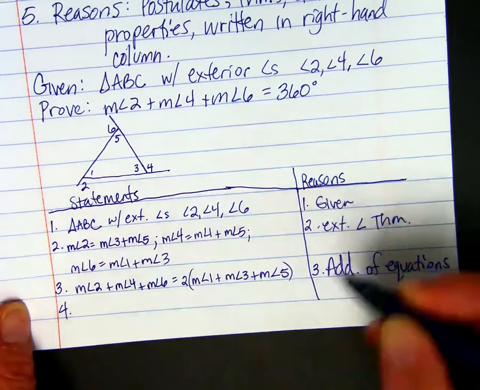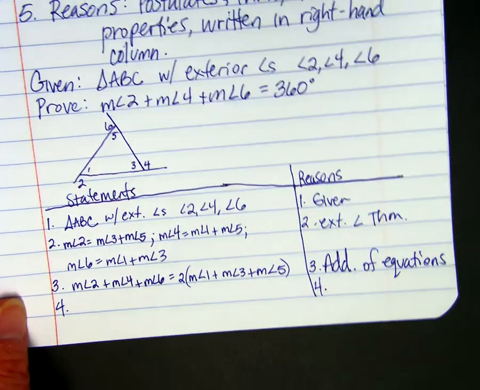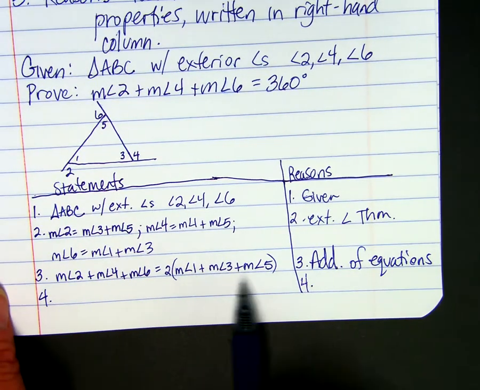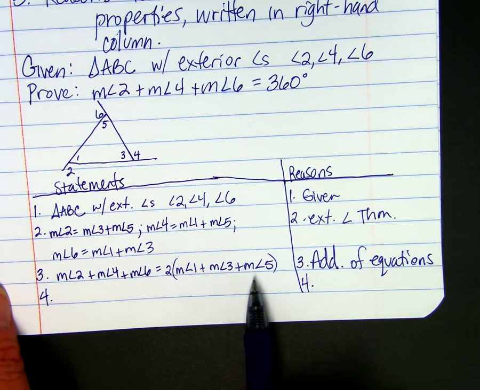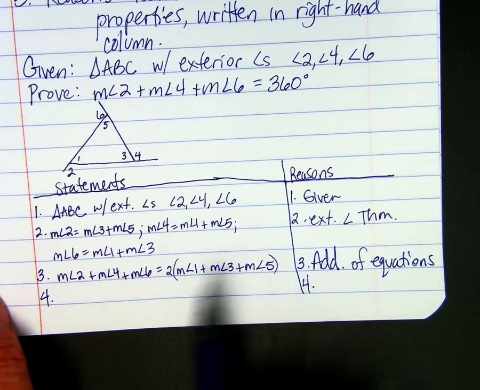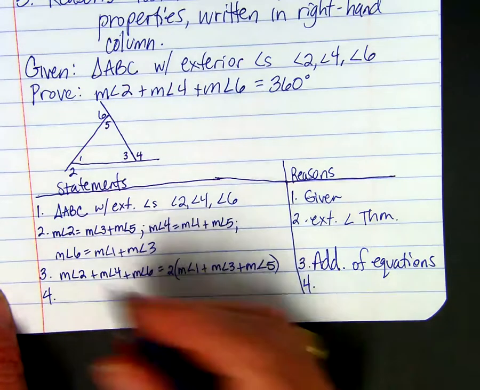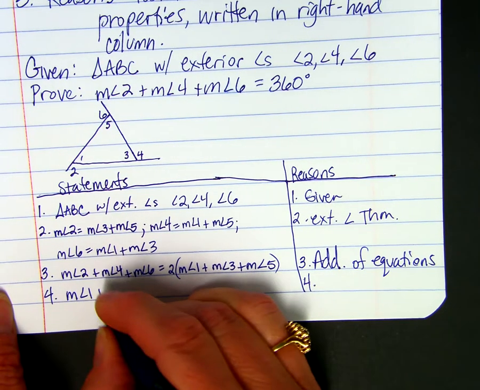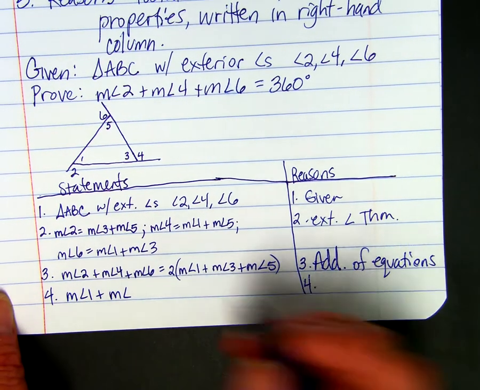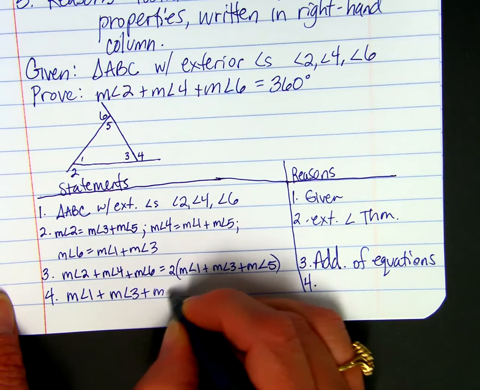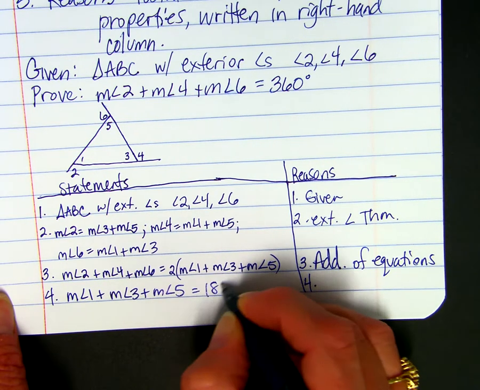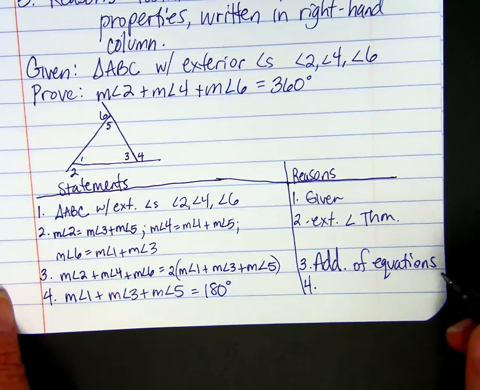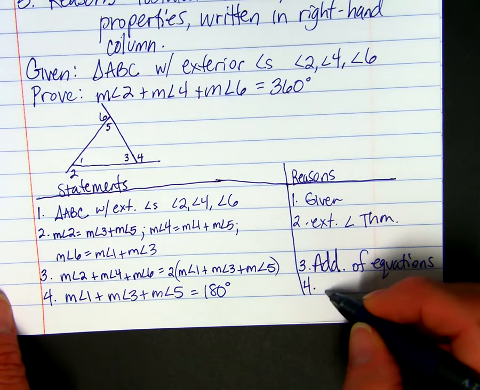So we have a theorem that says that the three angles in a triangle, their measures add to 180. So we can say measure angle 1 plus measure angle 3 plus measure angle 5 equals 180 degrees. And that's called the triangle angle sum theorem.